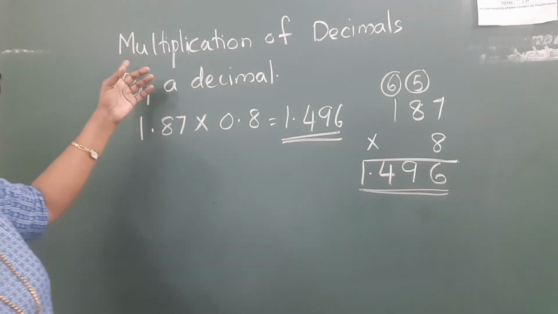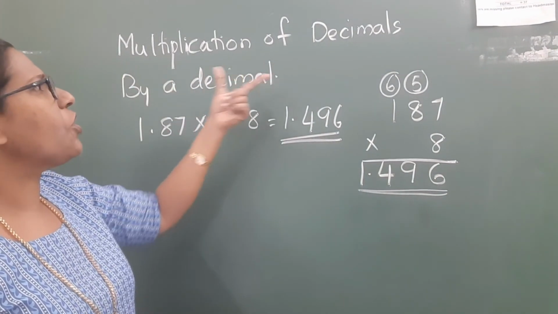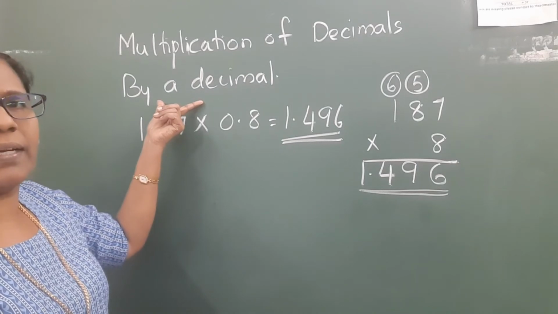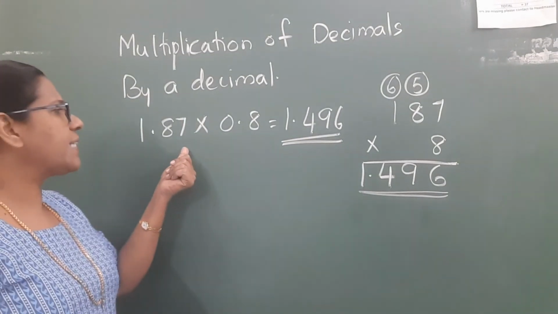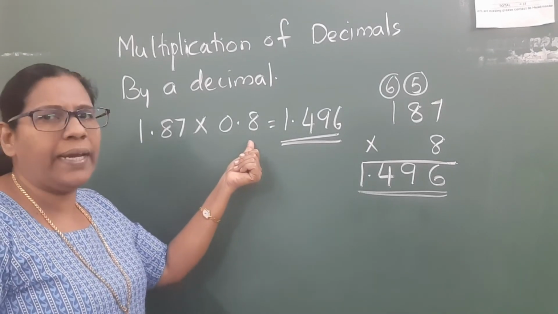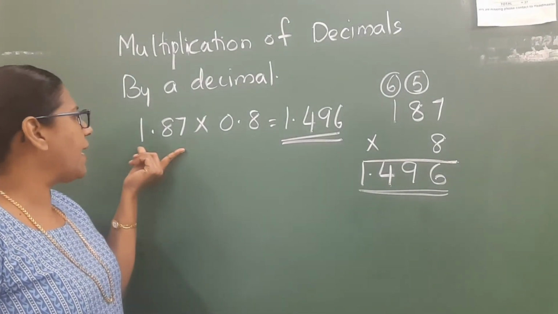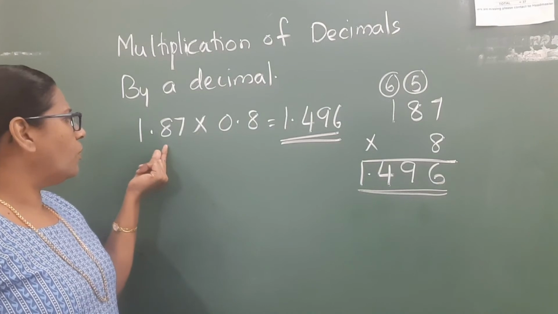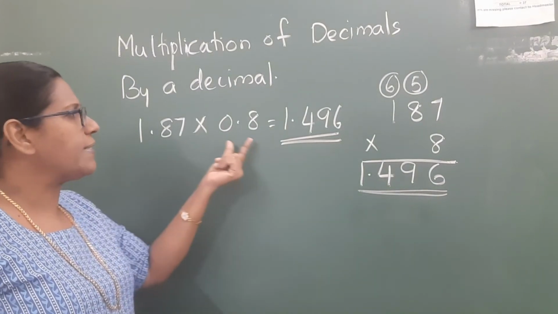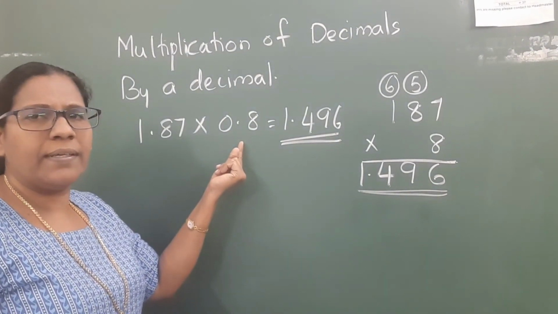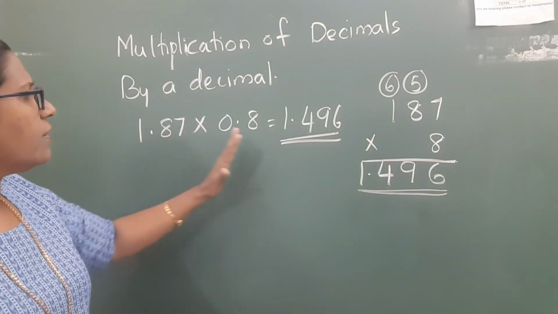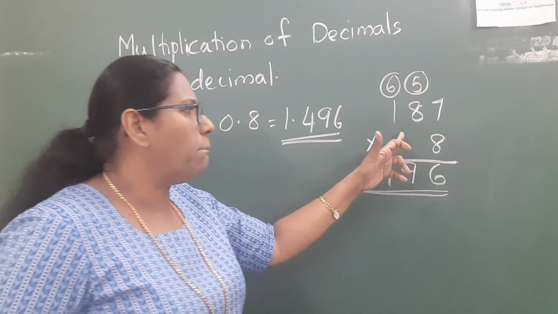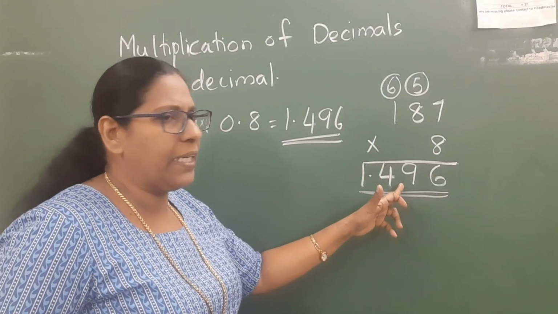Once again, multiplication of decimals by a decimal. Here I have taken the example 1.87 into 0.8. Here this number has the decimal point after 2 places, whereas here the decimal point is after 1 place. So ignoring the decimal points, we write the number and we do the multiplication.